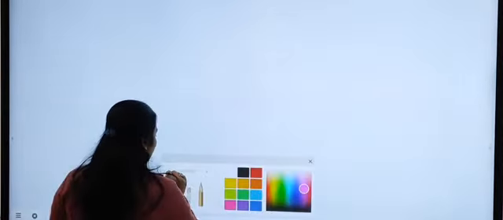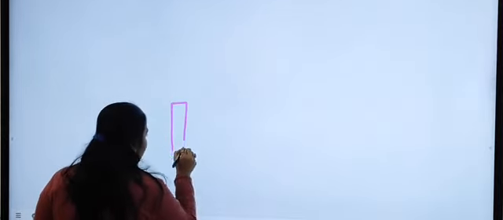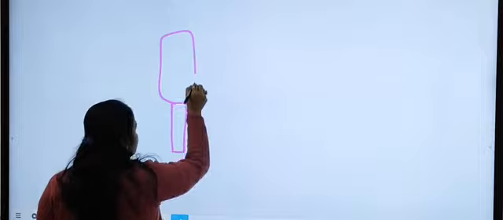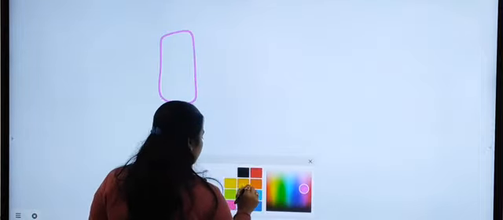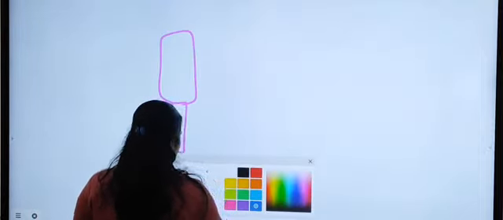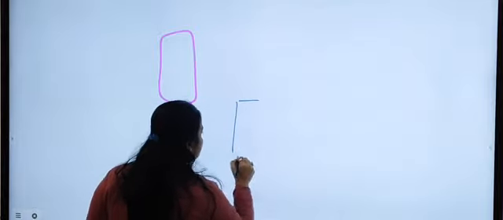How do the changes occur? In the photoreceptor cells, two types of cells are there. One is known as rod cells and another type is known as cone cells.